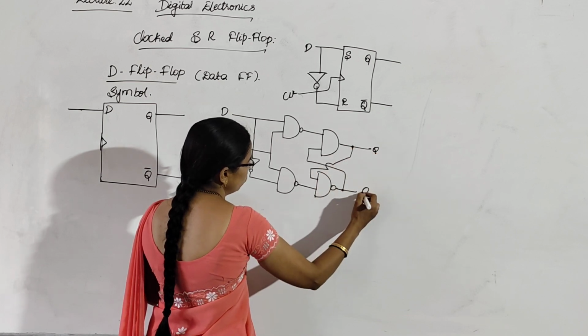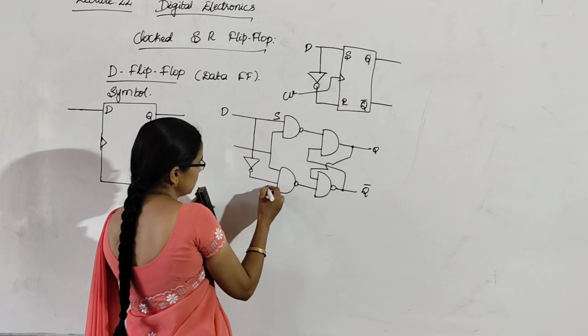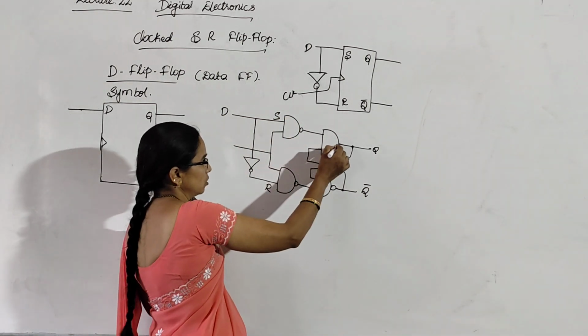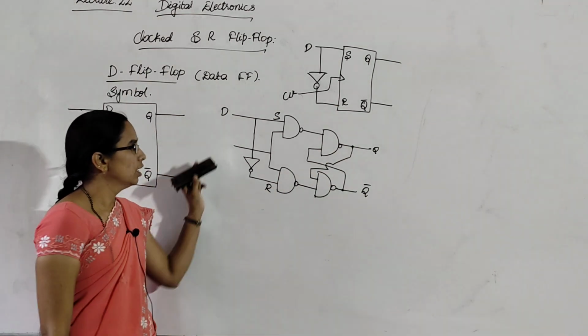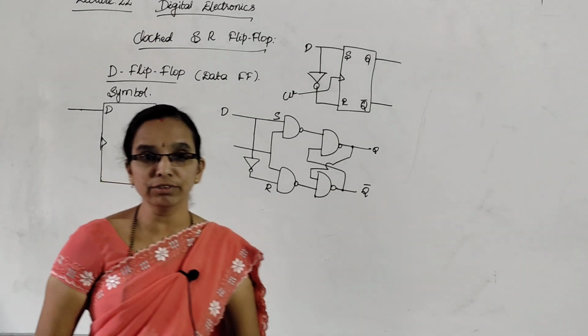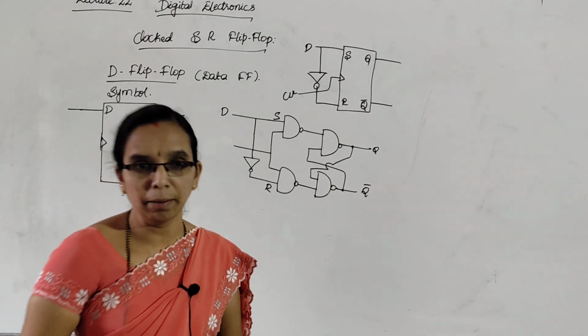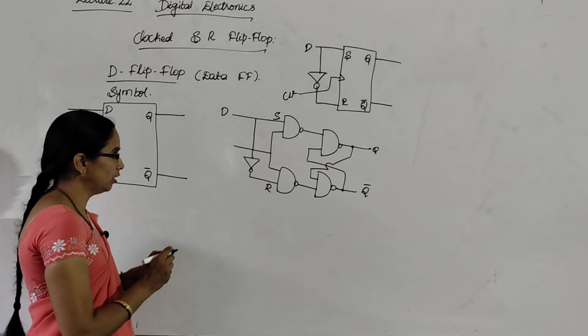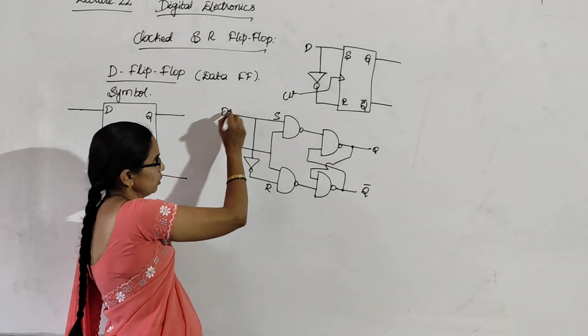Q and Q bar are the outputs, here S and R, but this is not a NOR gate. A D flip flop can be obtained by inserting an inverter in between the S and R inputs. By this, you have to change only one input.